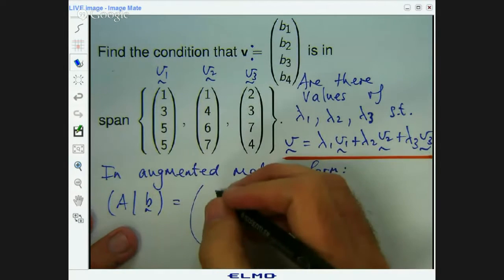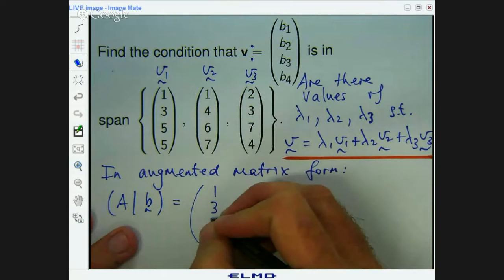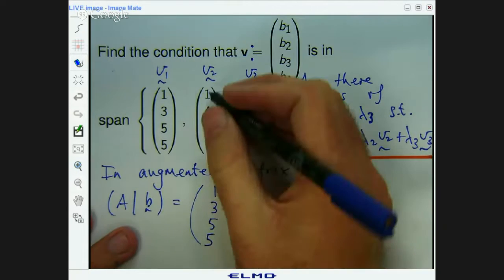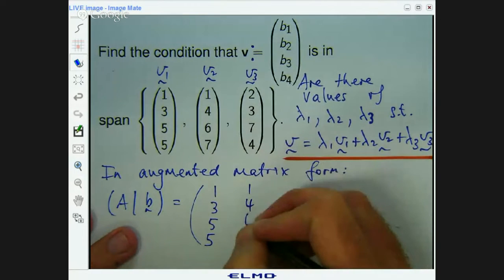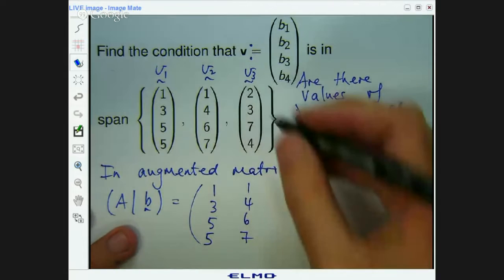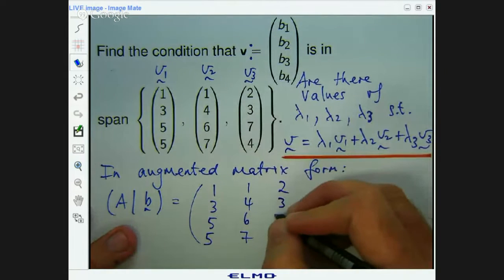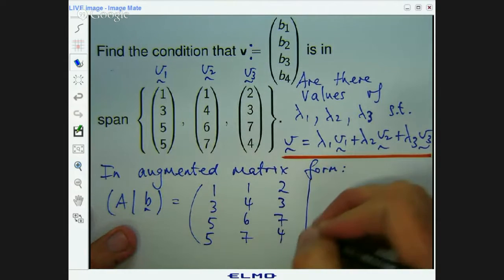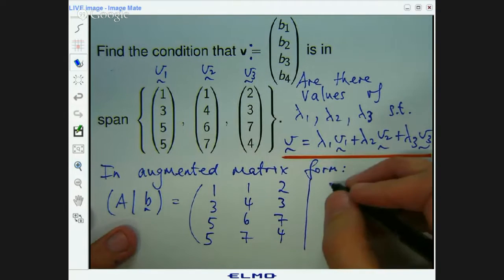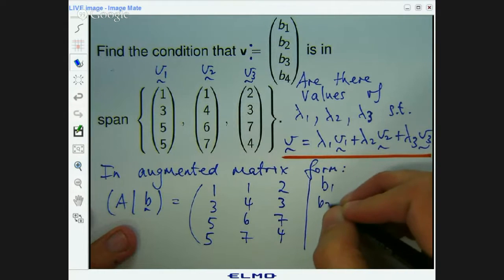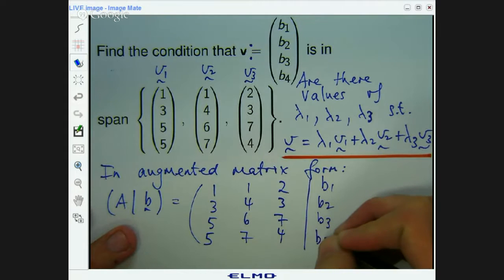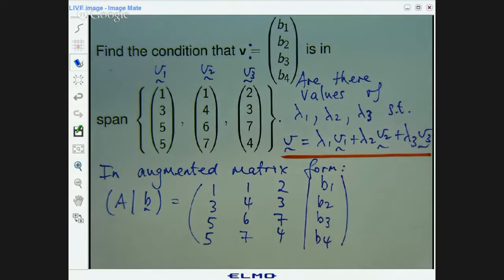Okay, so 1, 3, 5, 5, 1, 4, 6, 7, 2, 3, 7, 4, and then this sort of plays the role of an equal sign, if you like. Then B1, B2, B3, and B4, which we don't know, okay?